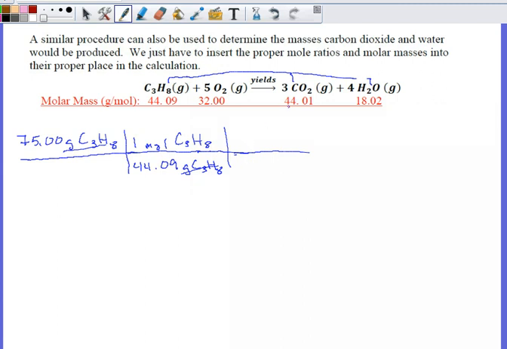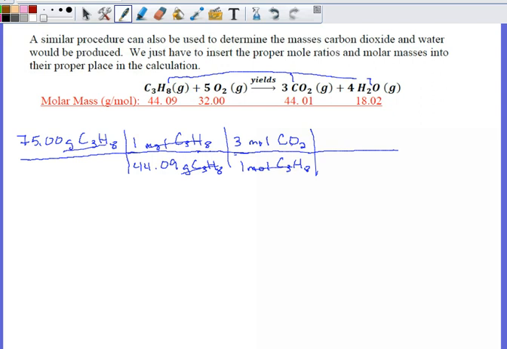So here I'm going to say 1 mole of propane, because that's from my balanced equation, will produce 3 moles of CO2. Now I'm predicting my yields for carbon dioxide from completely burning that.